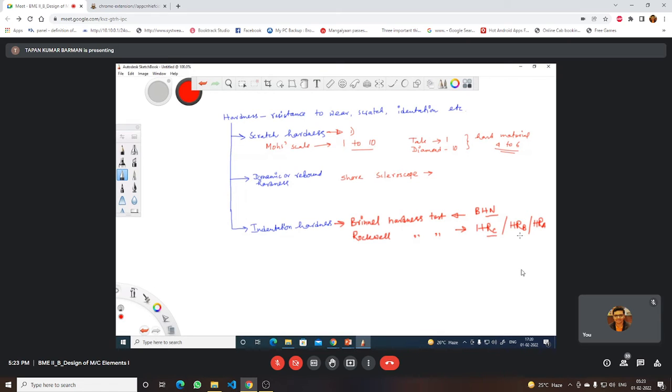Depending on the scale selected, there are 3 scales A, B, C, and depending on that, we may express the hardness. Like in the Vickers hardness test, we express in terms of BHN, sometimes in DPH, which is called Diamond Pyramid Hardness Number. So that way we try to express it.